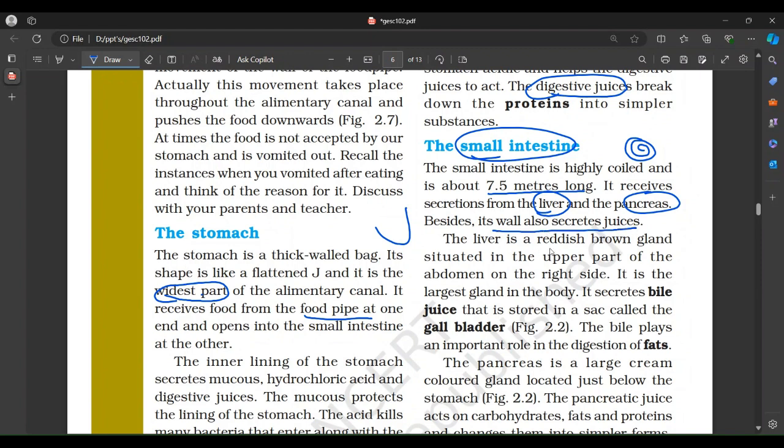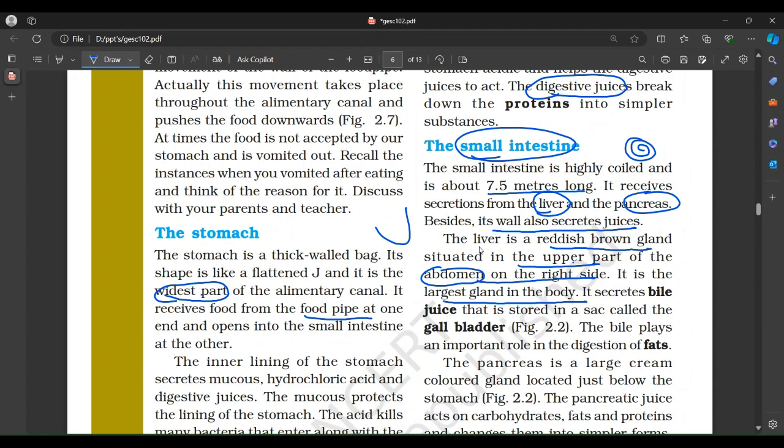The liver is a reddish brown gland situated in the upper part of the abdomen on the right side. The abdomen is just before the stomach on the right side, and the liver is the largest gland in the body.